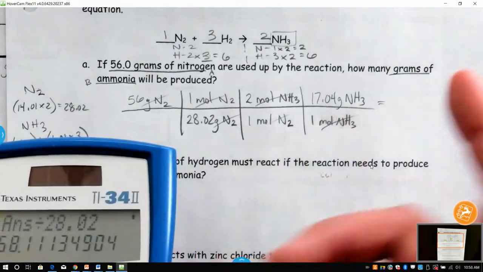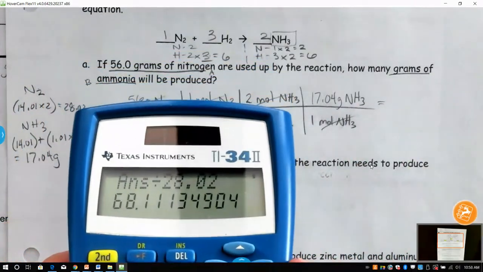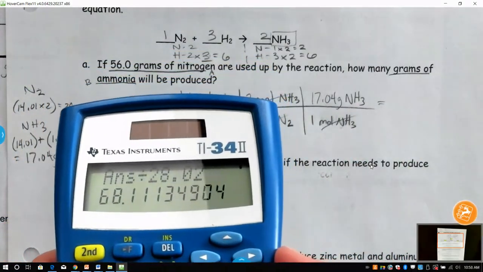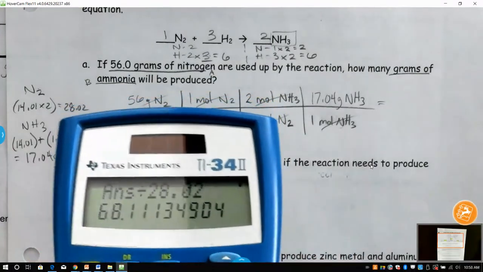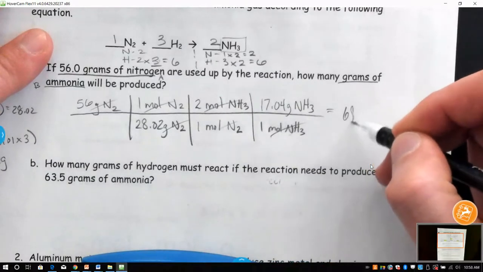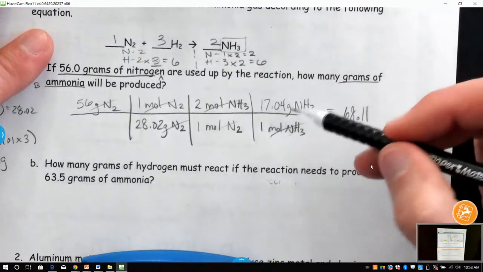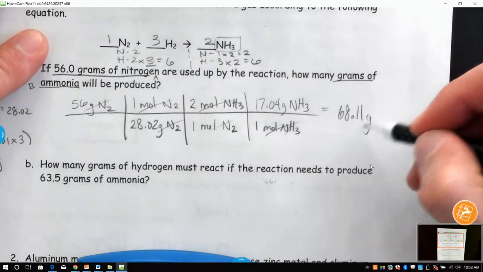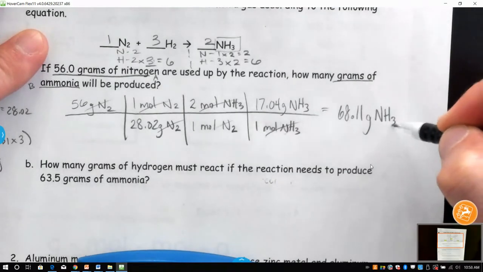Divide by 1, so we don't need to. So this will be our final answer, 68.1113, and so on. So I'm just going to call it 68.11. Unit will be grams of NH3, or grams of ammonia.